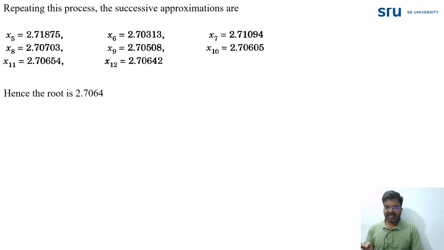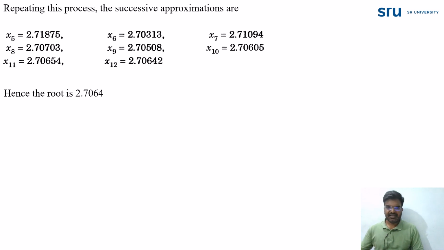Or you may find like this: you have to find accuracy up to 3 decimal places, or accuracy up to 4 decimal places. What does it mean? Accuracy at 3 decimal places means in 2 consecutive values, after point 3 decimal places must be same.